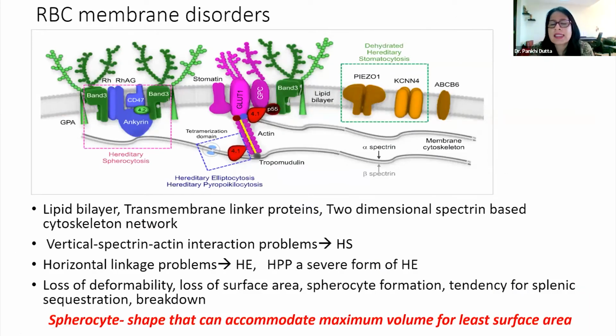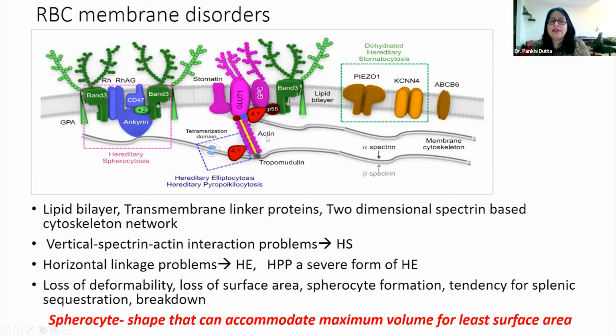We need to have some idea of the red cell membrane structure before we go any further. Don't worry, I'm not going to talk about all these proteins and molecules, even I don't know. But basically what we need to understand is that a red cell membrane is a lipid bilayer membrane, and just below that is a cytoskeletal network of some proteins.